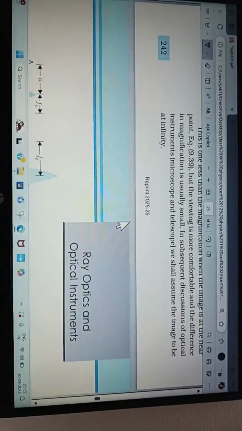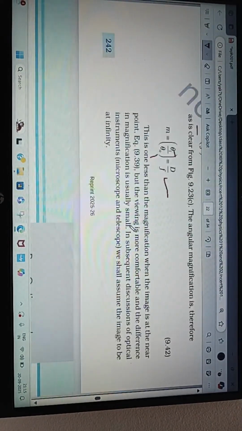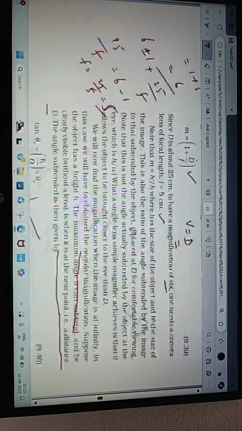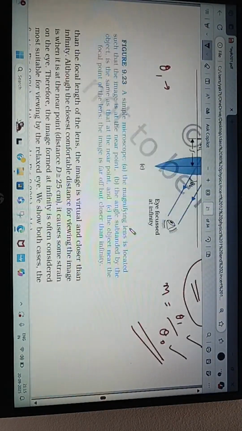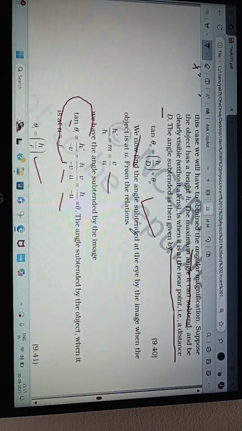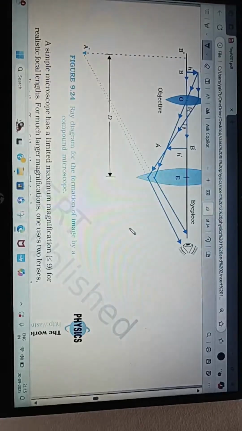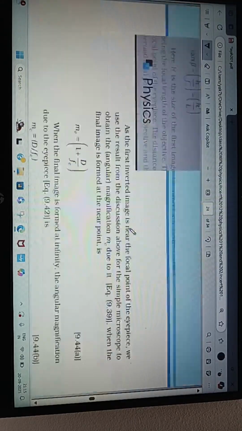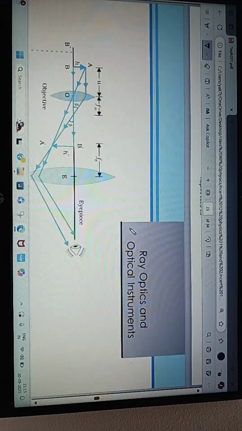Now we are going to do the next one. What is the subheading? Heading is not there. Compound microscope.